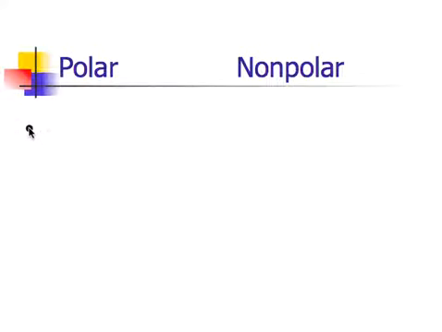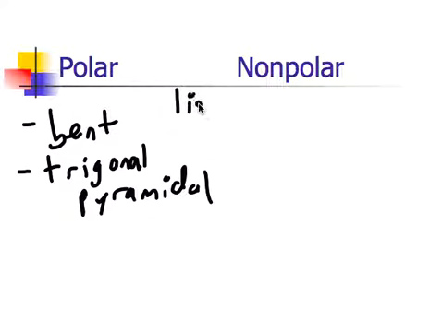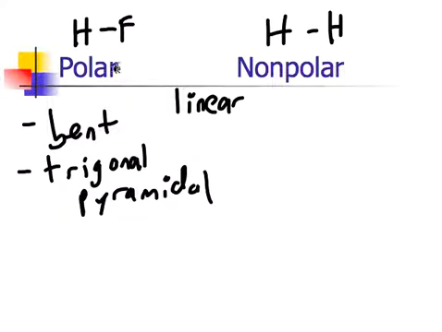So first of all, the typical polar molecules, if we remember from our past, are generally bent, trigonal pyramidal, and as we talked about in past chapters, linear kind of can fall in between because it depends so much what type of a molecule you have there, because you could have H with H, no different electronegativity, or you could have H with F. There's a big difference in electronegativity there, so it makes it polar because our dipole would point to the right.